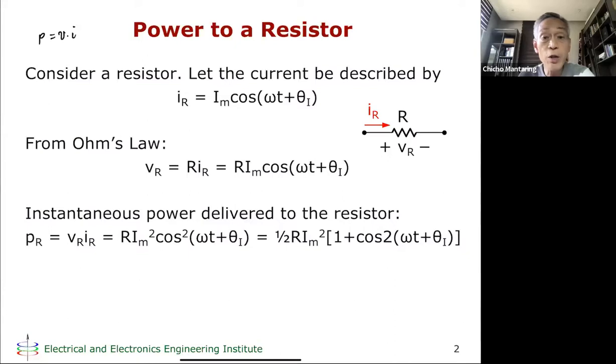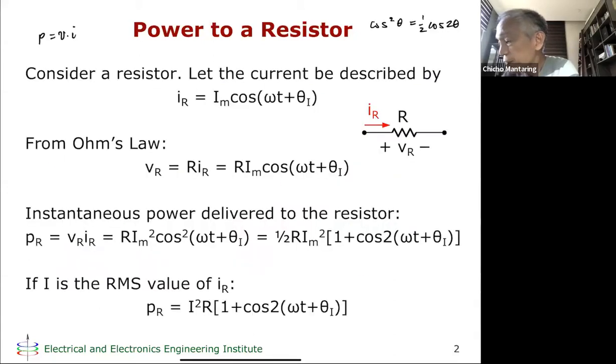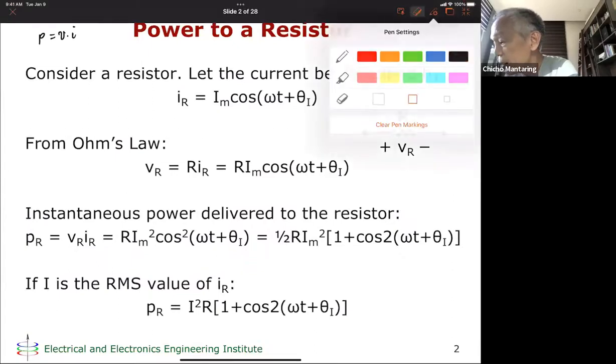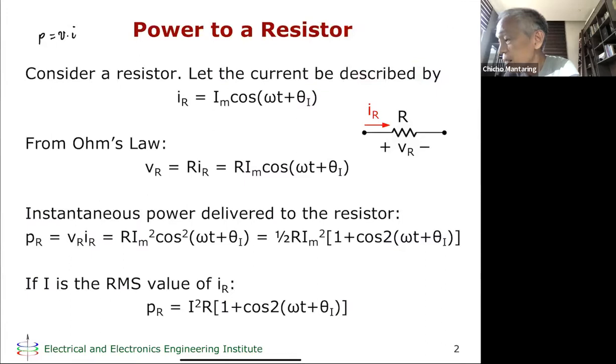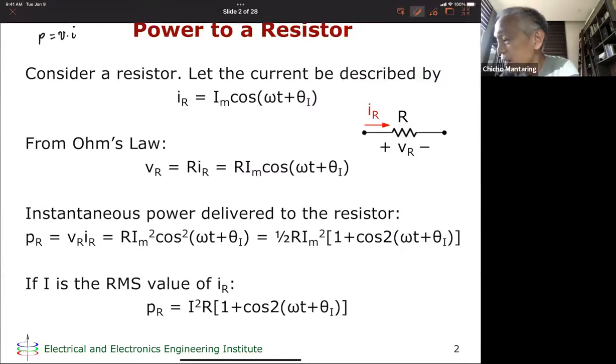Now you have this trigonometric identity. I don't know if you remember it, but cosine squared of theta is equal to, sorry, wrong, let me erase.